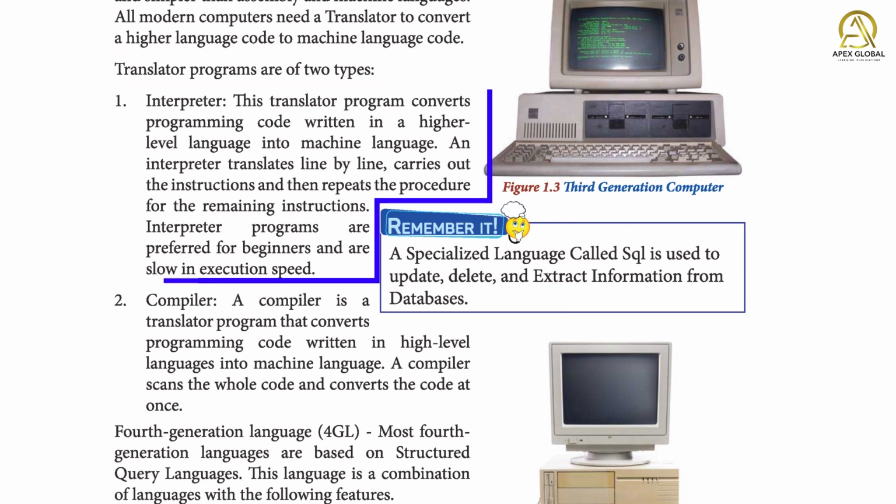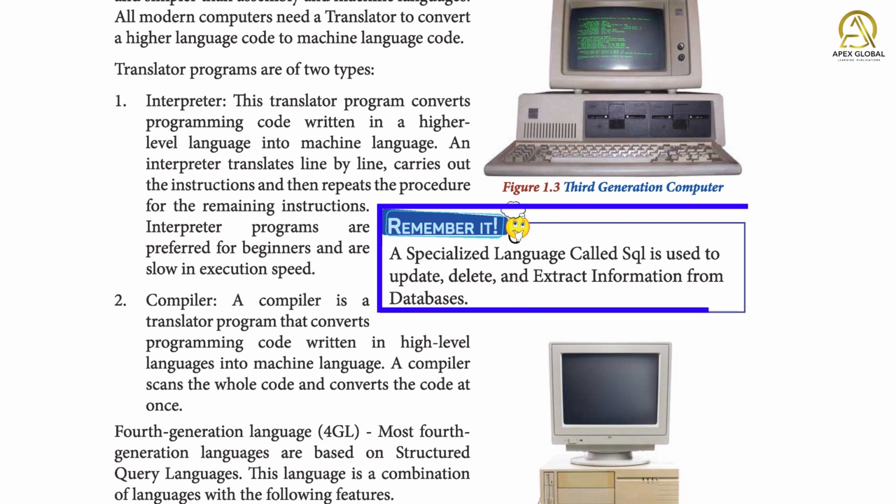1. Interpreter. This translator program converts a programming code written in a high-level language into machine language. An interpreter translates line by line, carries out the instruction and then repeats the procedure for the remaining instructions. Interpreter programs are preferred for beginners and are slow in execution speed.